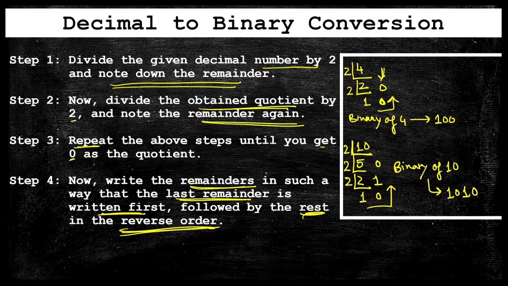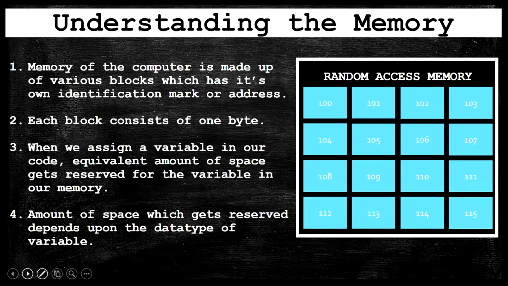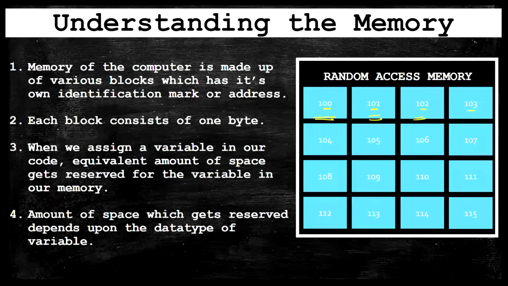Okay, let's now understand the architecture of the computer memory, or the RAM, how the RAM is designed. Inside RAM, we have various separate blocks, and these are the addresses of the blocks: 100, 101, 102, 103, 104, 105, 106 and so on, up to 115.